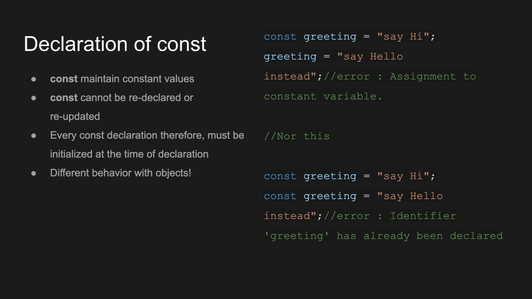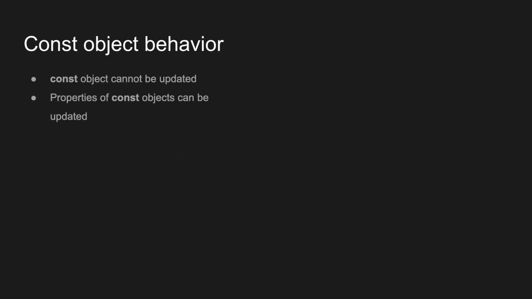This behavior is somewhat different when it comes to an object declared with const. While a const object cannot be updated, the properties of these objects can be updated.